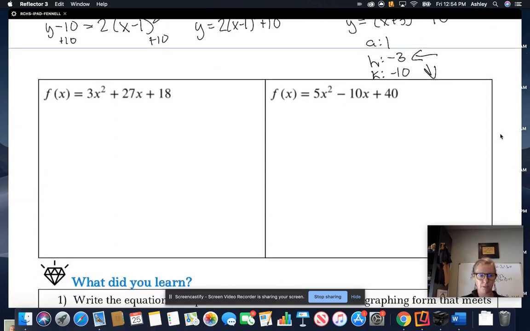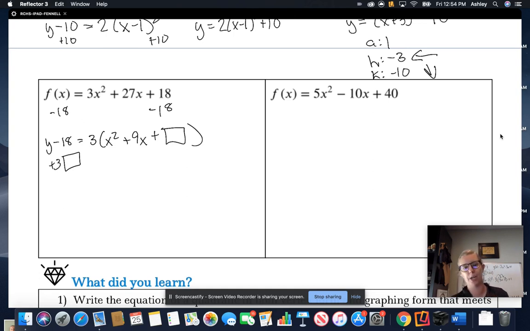Okay, in this one, I'm going to move my 18 over and then take out a 3. So now I have y minus 18 equals, pull that 3 out, x squared plus 9x plus whatever I'm going to add. And then over here, I'm going to add 3 times whatever that box is because I took that 3 out already. So I'm looking for something that adds to 9 and is perfect, or the same on both sides.